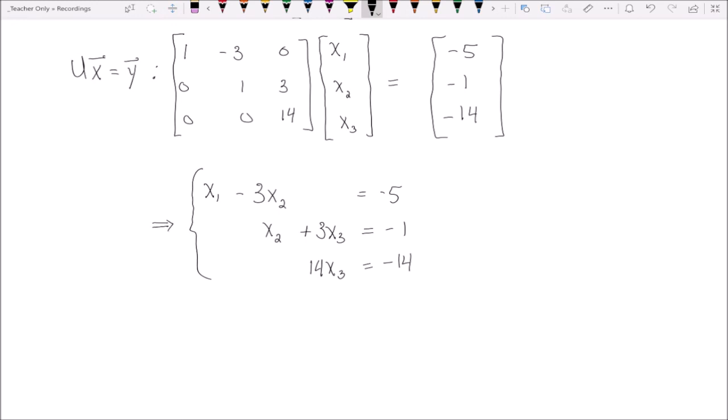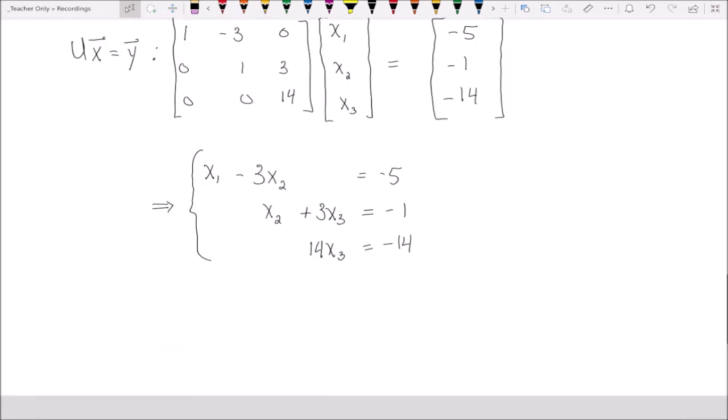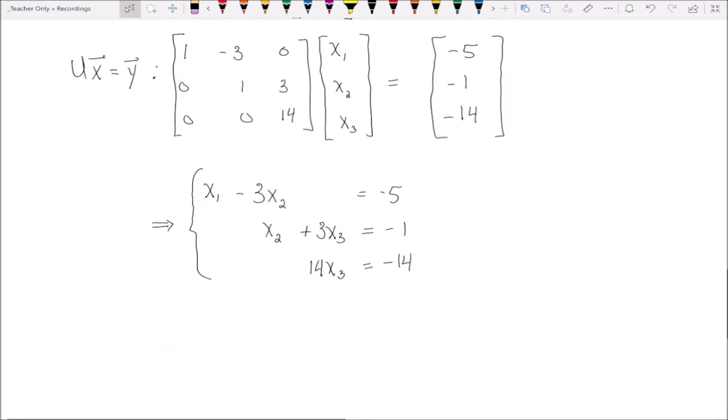Now, in this case, since we have an upper triangular matrix, we will always be able to solve immediately for x3. Then we do backward substitution, plug that into equation 2 to find x2. Right? Then plug both x3 and x2 into equation 1 to find x1.